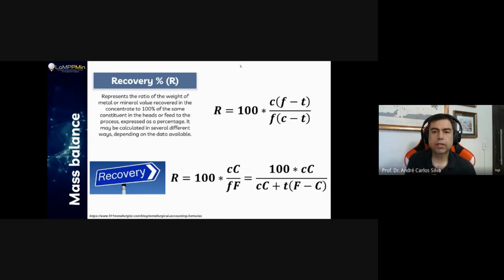So let's take a look at the first equation. We have lowercase c, lowercase f, and lowercase t, and they stand for concentrate, feed, and tailings. So I'm going to multiply the grade in the concentrate by the difference between the feed and the tailings, and I'm going to divide this by the feed multiplied by the difference between the concentrate and the tailings.